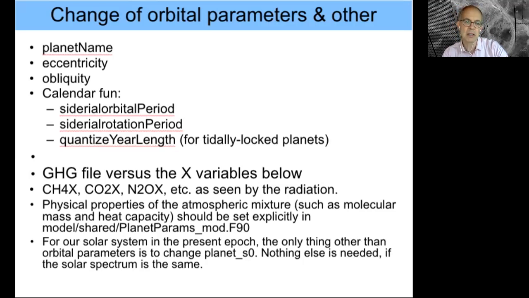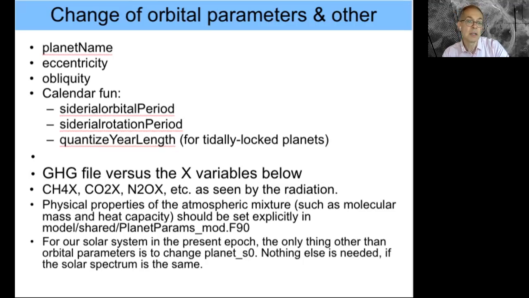These are things that Tom Clune, who rewrote from scratch our calendaring system, will talk about tomorrow morning in depth. But he has offered us a lot of features, and he's done a really good job of comparing to the best theoretical models for what planetary insolation should be like, for example, for different spin orbit periods, which you would also use these entries to generate.